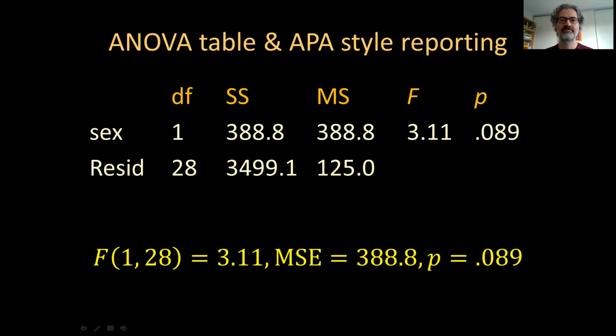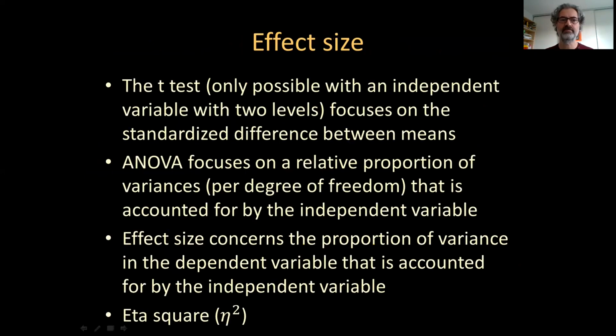What about the effect size? As we've said before, the statistical hypothesis test concerns whether we detect a relationship, but it doesn't tell us how strong this relationship is. What would effect size be in the context of the analysis of variance?